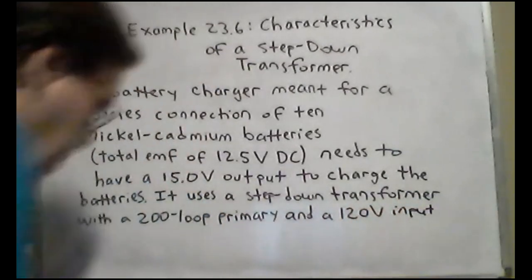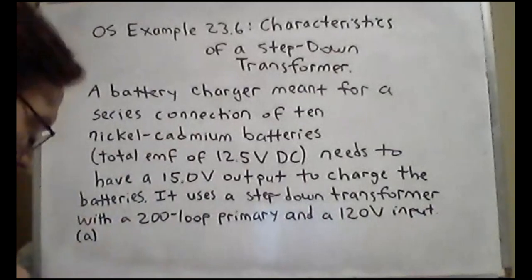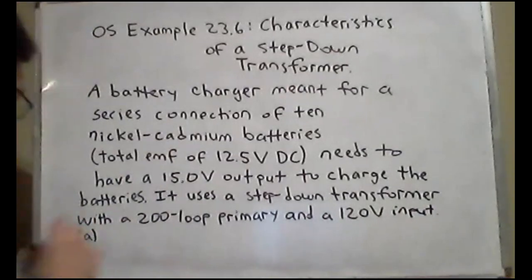A realistic situation. How many loops should there be in the secondary coil?